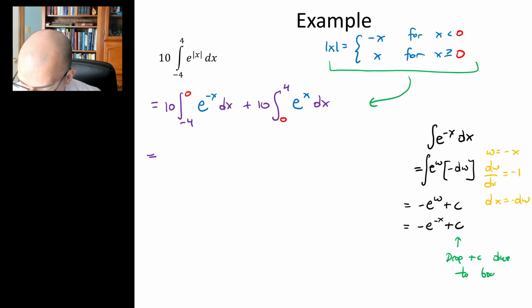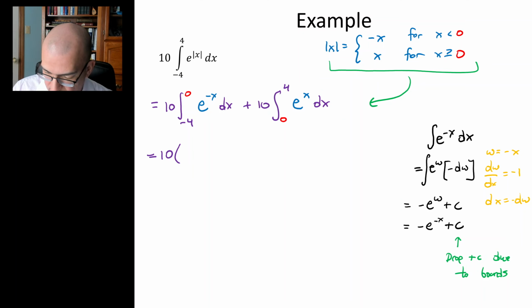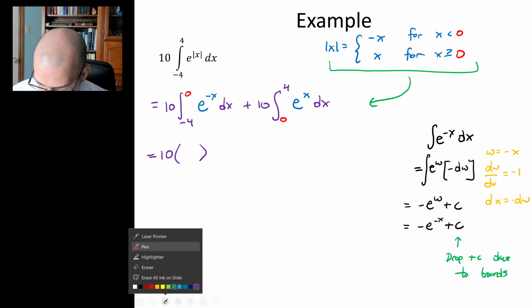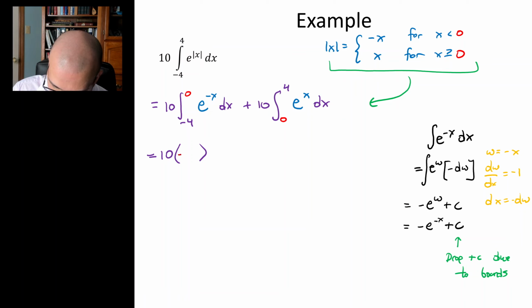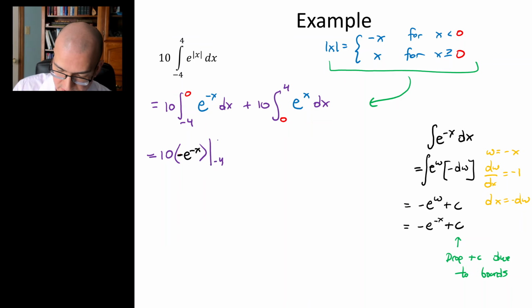That's our first antiderivative. So there's a 10, and then we found it was -e to the -x, evaluated from -4 to 0.